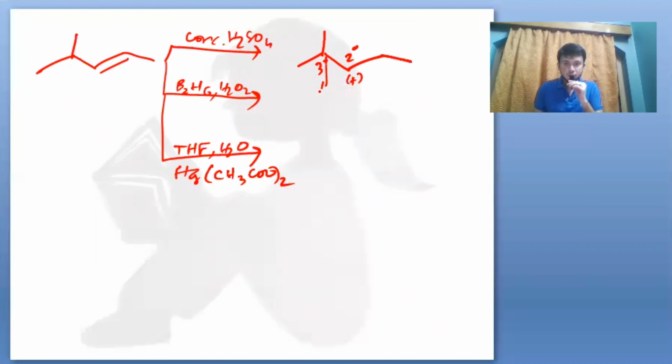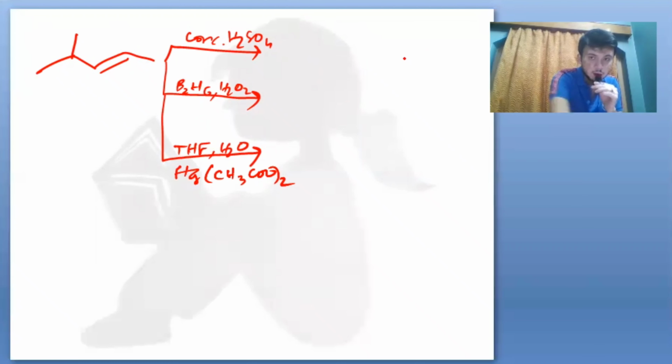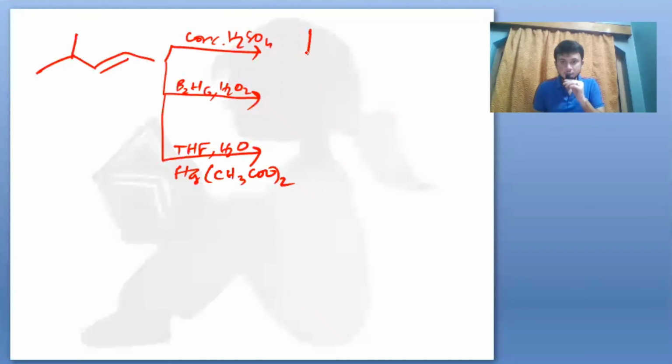So this hydrogen will be shifted here. What will it give after hydrogen shifting? It will come like this.